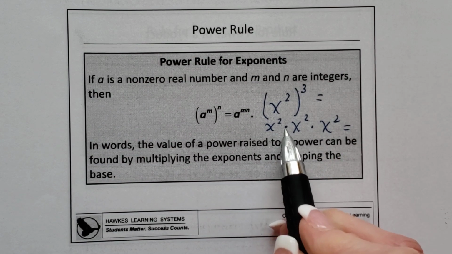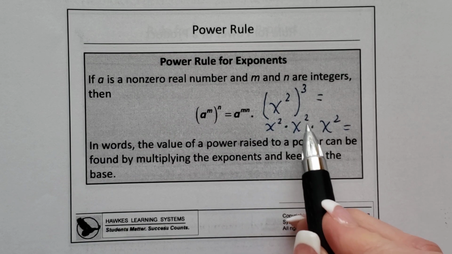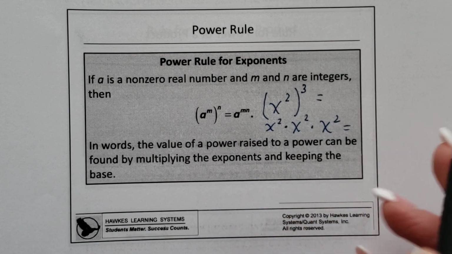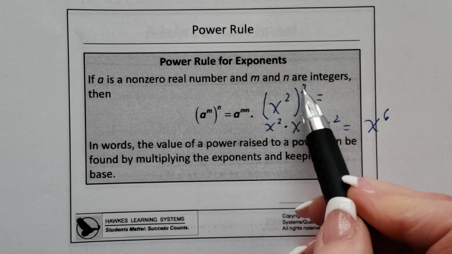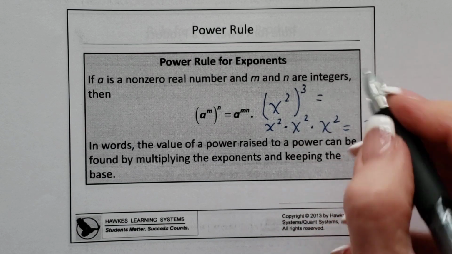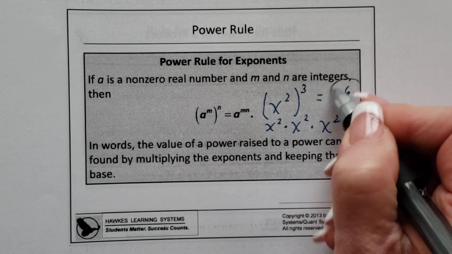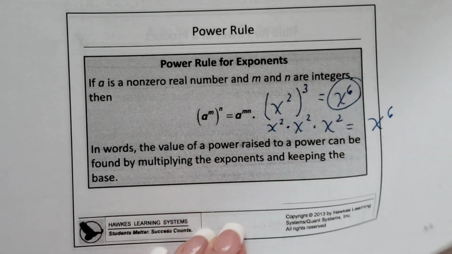Well, if they're being multiplied, the product rule is you add their exponents. 2 plus 2 plus 2 is 6. Or now we have a power to a power rule, which says that you multiply those two exponents, and 2 times 3 is 6. So either way you want to think about it, that's what we're doing right there.